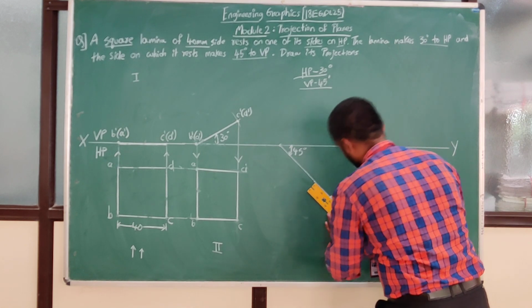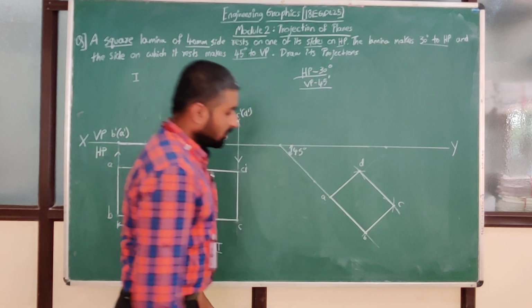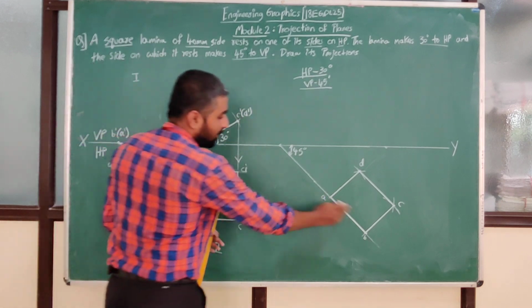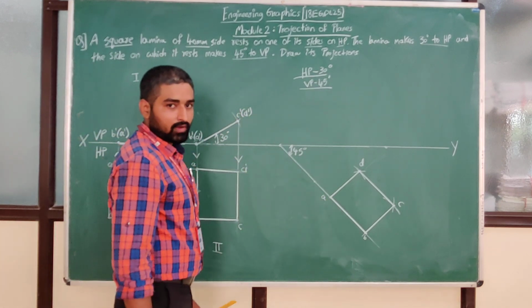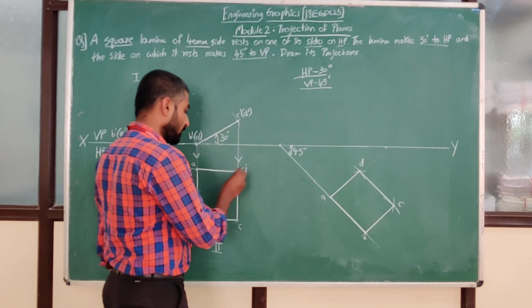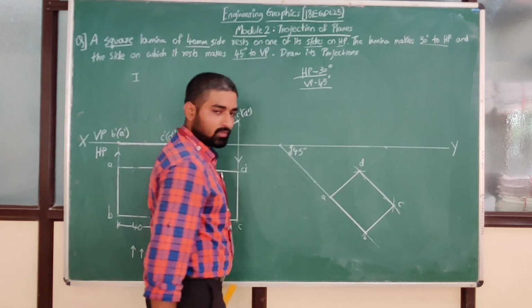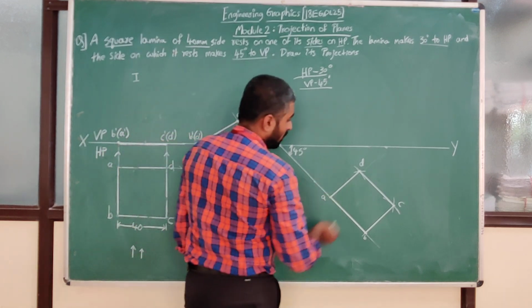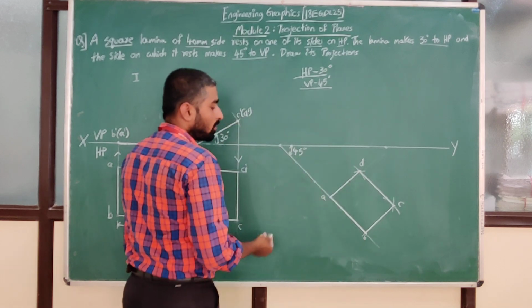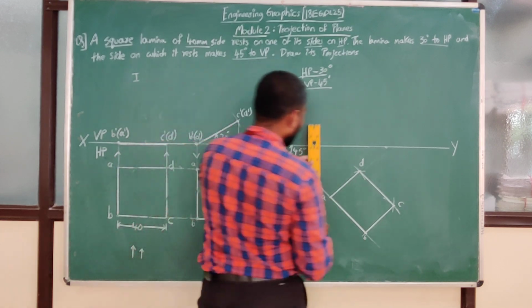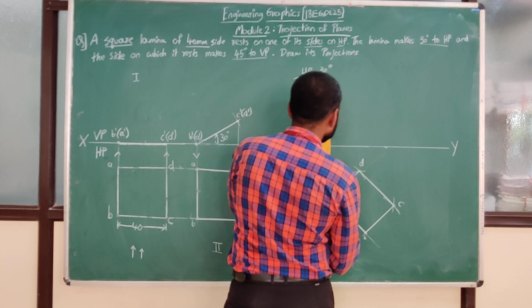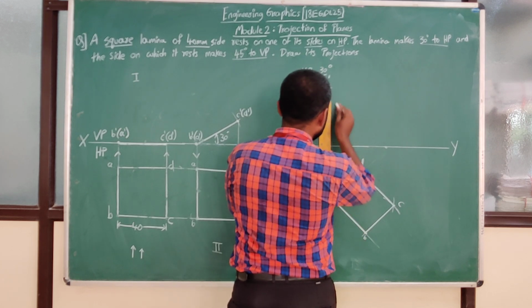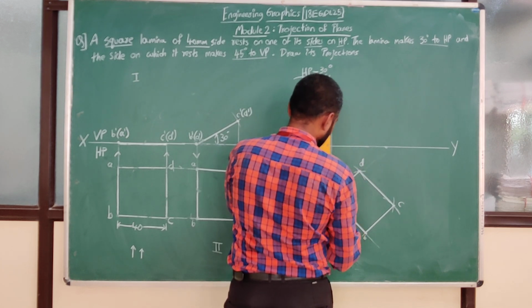You can check that one. Now whatever was there in the second step, I have brought to the third step. It may be any kind of problem. Remember one thing, whatever is done in the second step should be there in the third step. Now, once you complete this, project all the points to the top side, that is the front view, with a light line.